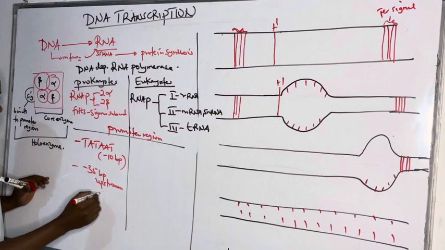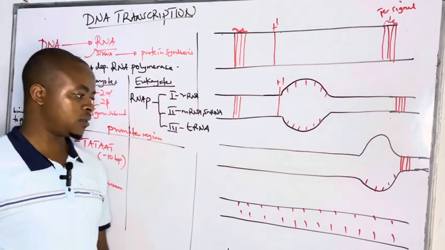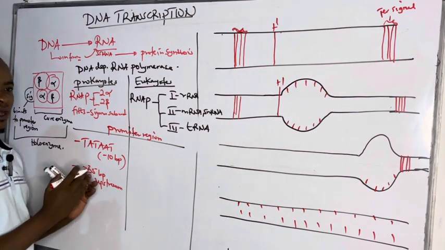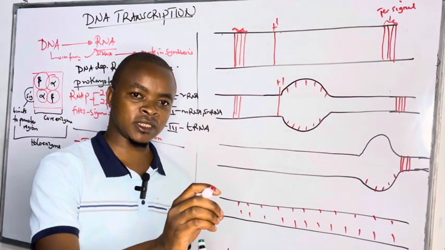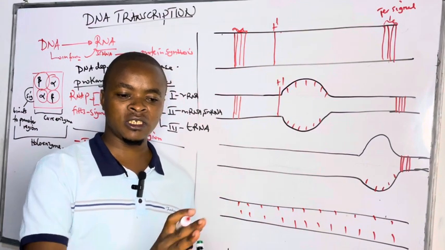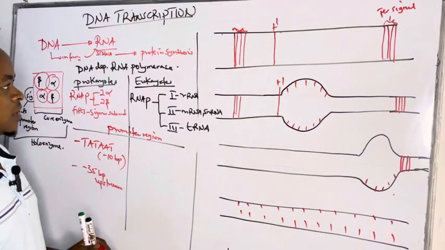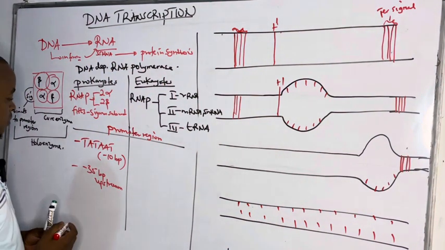These are the 2 promoter regions found in prokaryotes. These are the regions where the RNA polymerase holoenzyme uses the sigma subunit to attach to the DNA template strand to initiate RNA synthesis.